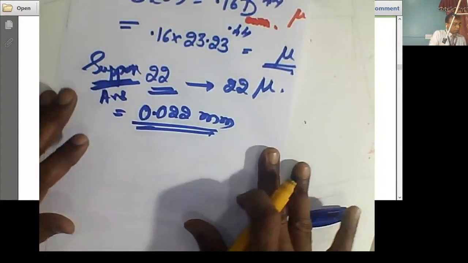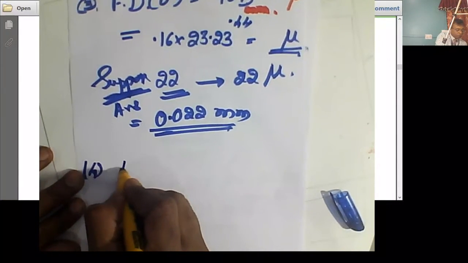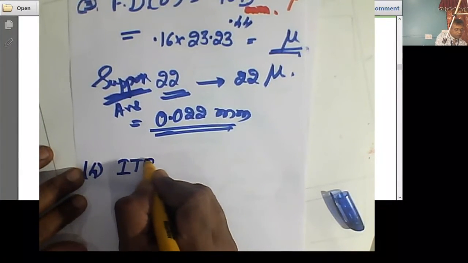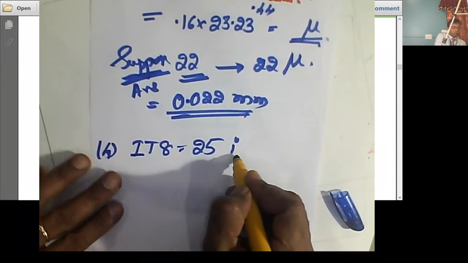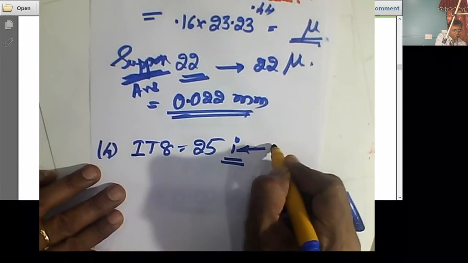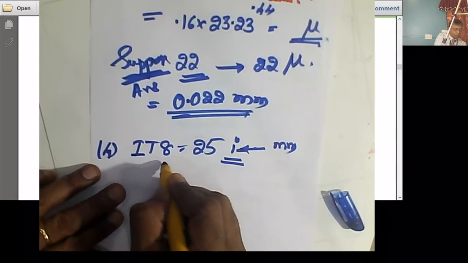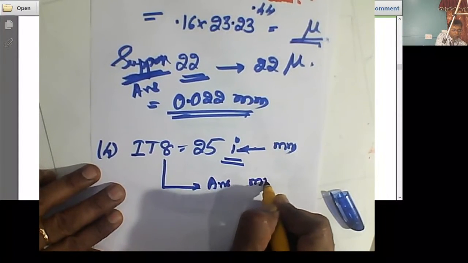And tolerance, another is the fourth value, IT5 to IT8, equal to 25i, right? Now what is being substituted here? If you substitute I in terms of mm, the answer you get will be in mm.